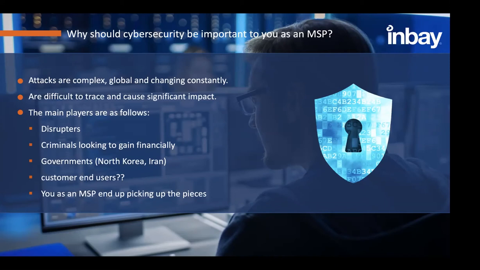The main players are disruptors. So a disruptor is somebody who wants to make a name for themselves. Perhaps they are a hacker in a community, and so they can have bragging rights that they took down X company. We don't see so much of those these days, but that used to be the main type of person who attacked businesses. More so what we see is criminals looking to gain financially.